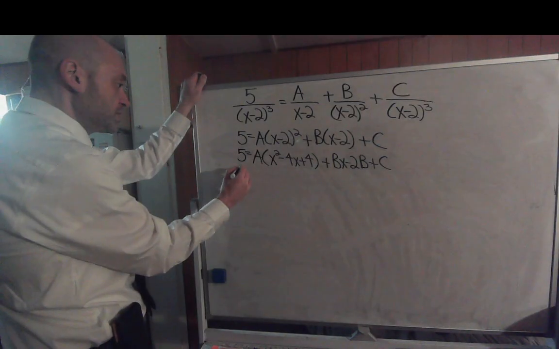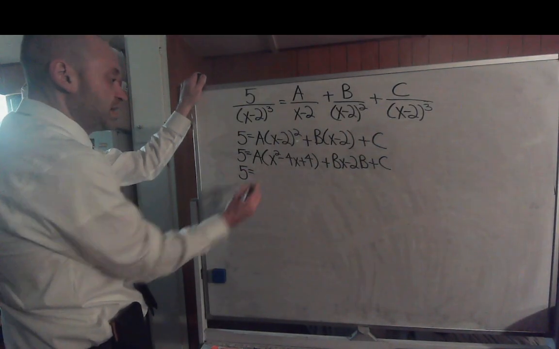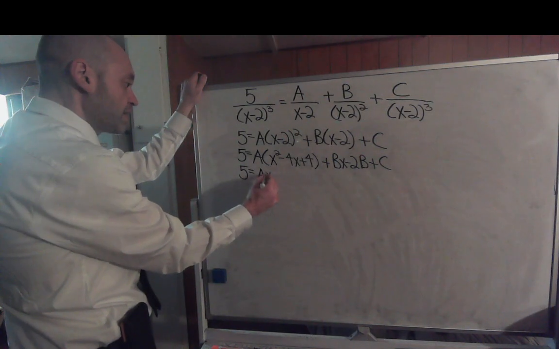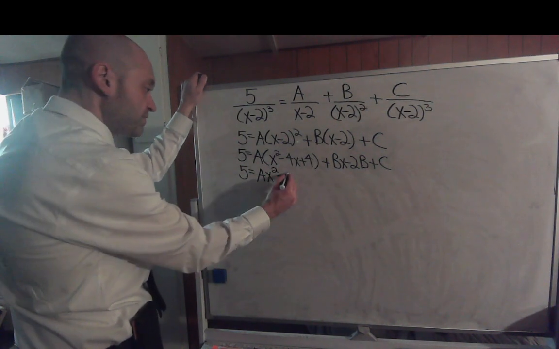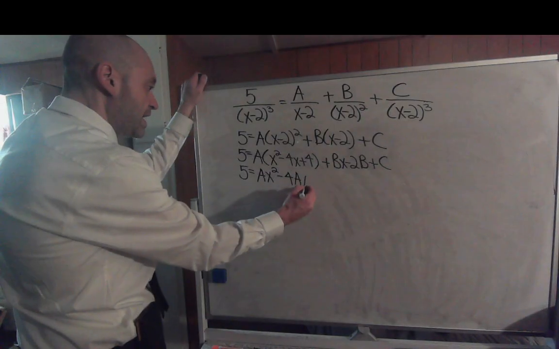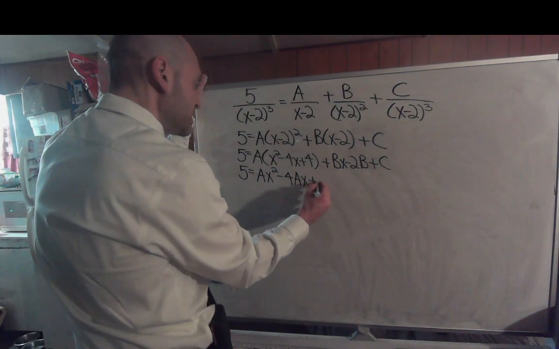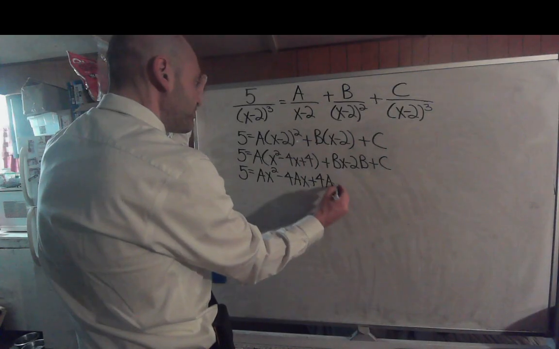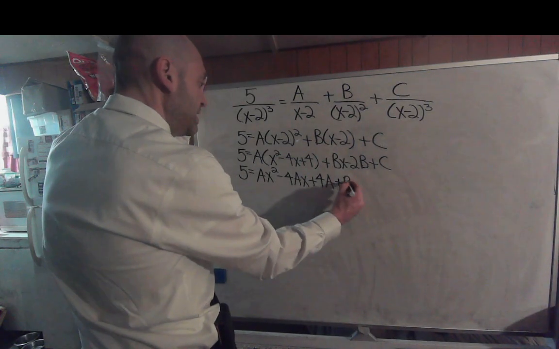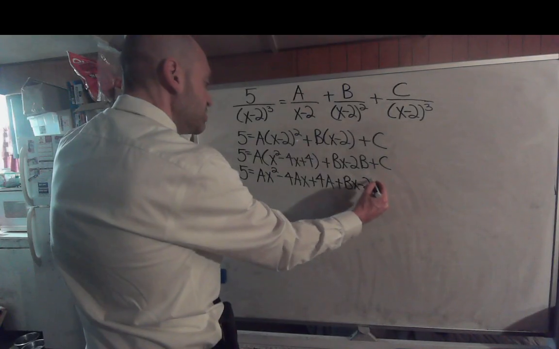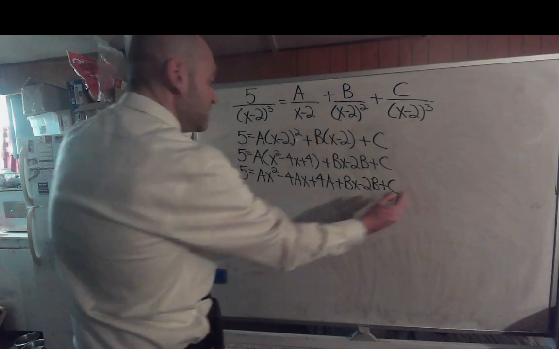Okay, so now this will turn into 5 equals ax squared minus 4ax plus 4a plus bx minus 2b plus c.